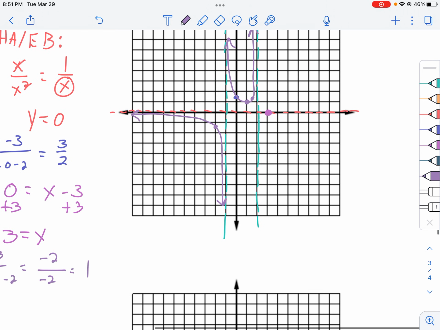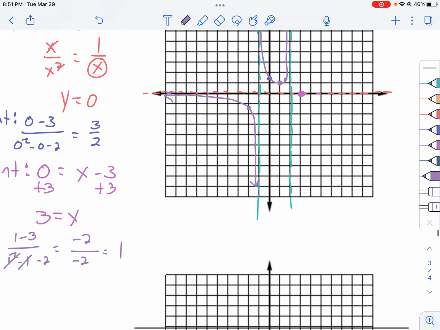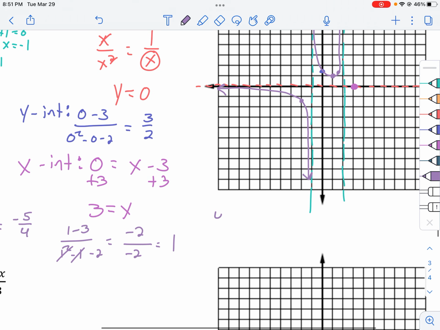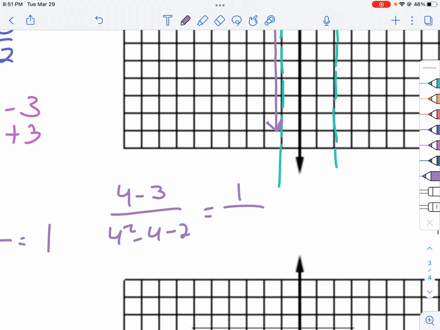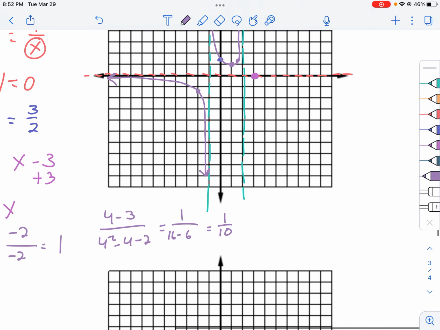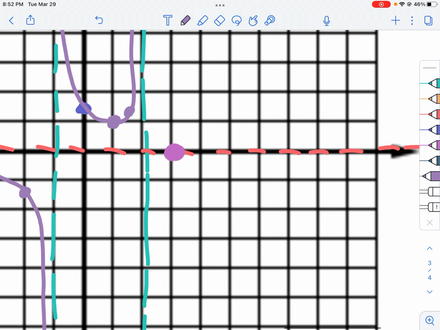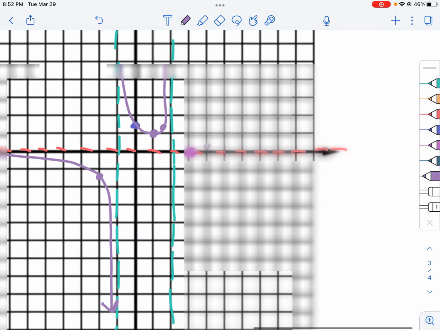So we're going to go +4, which is going to give us 4 minus 3 over 4 squared minus 4 minus 2. So that is 1 divided by 16 minus 6, which gives us 1/10. So at 4, we're at 1/10, which means we are just barely positive at 4.